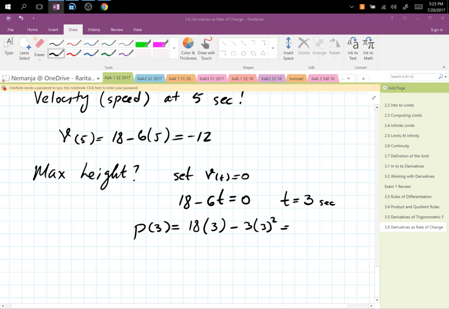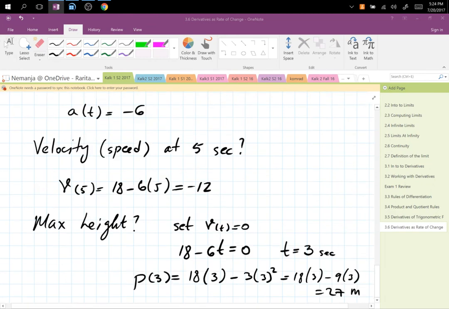You have 18 times 3 minus 9 times 3. So that's 9 times 3, which is 27. Whatever the units are, feet or meters. So maximum height is 27 meters, let's say. We know that the acceleration is -6 meters per second squared. We calculated that above. So these are the types of questions that you are looking at figuring out.